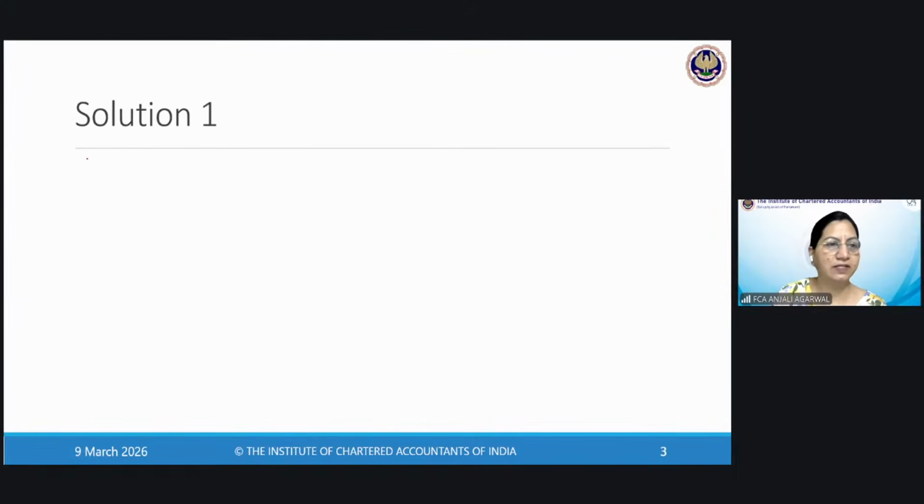So let us first understand the concept of EOQ or EBQ. EOQ is economic order quantity.